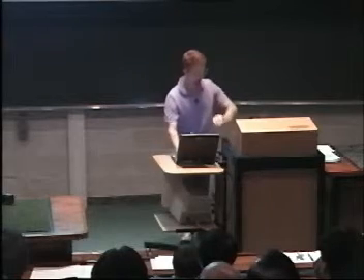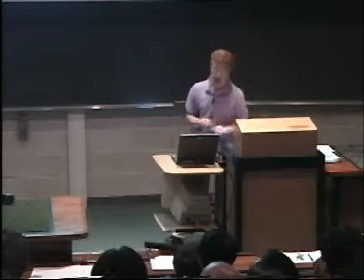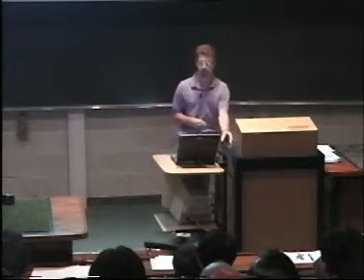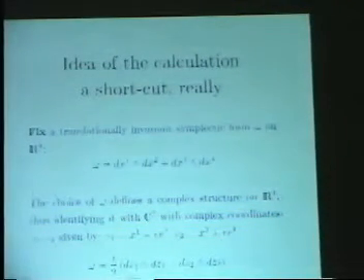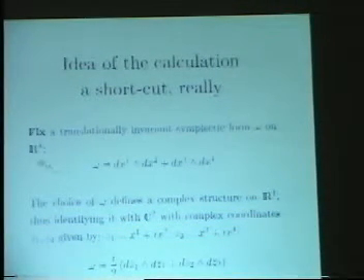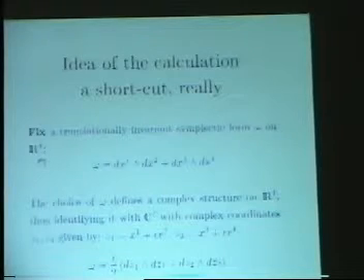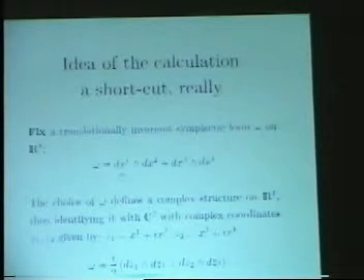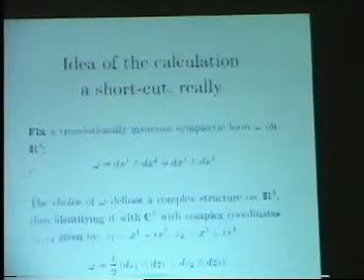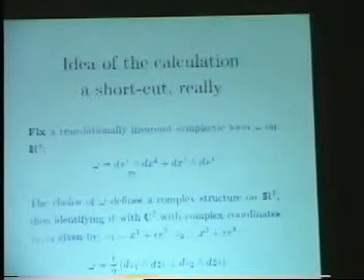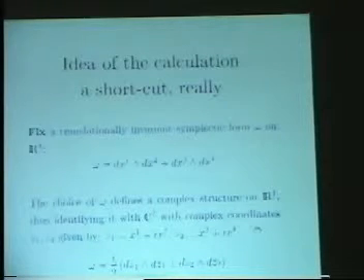Now, let me describe the idea of the calculation. It is useful to introduce a symplectic form on my spacetime R4, which I take to be Euclidean spacetime. Just think of R4 as some kind of phase space with coordinates x1 and x3 and momenta x2 and x4.